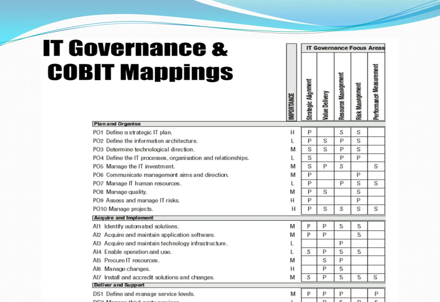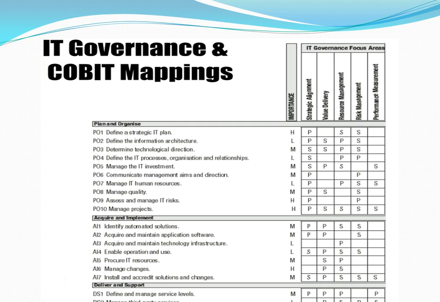So we are still on IT governance and COBIT mapping. Here you have plan and organize. This is clearer. Now it's impact, and you have the level of importance. You look at IT governance focus areas. Now P stands for primary and S stands for secondary. So you look at the focus areas accordingly and you assign their individual status to it.